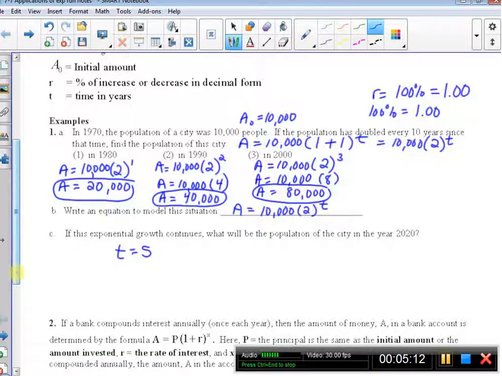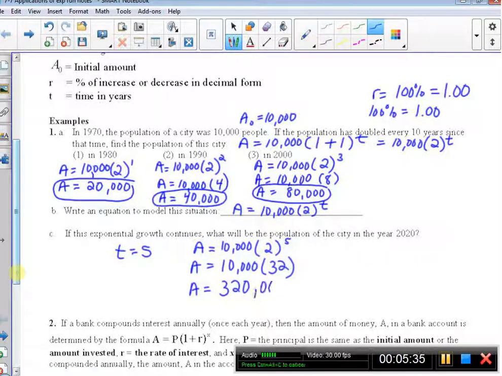So 2020 would be 5 10-year periods from 1970. So A is equal to 10,000 times 2 to the 5th. So A is equal to 10,000 times 32. 2 to the 5th is 32. And that's 320,000.